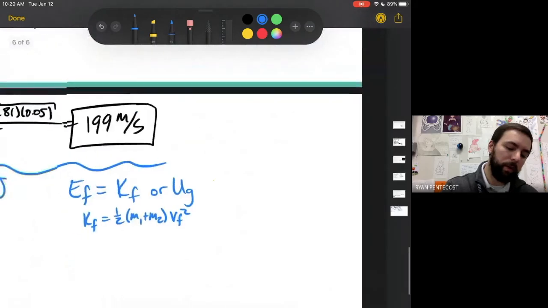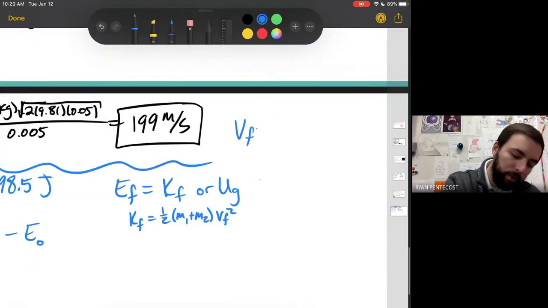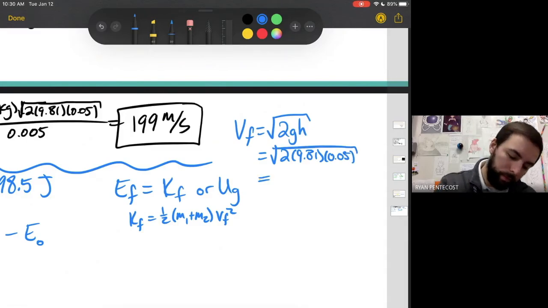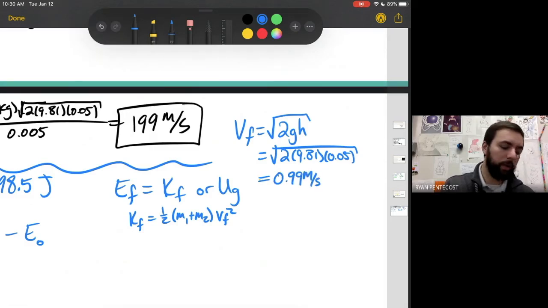So let's get that real quick. VF equals square root of 2GH. This is square root of 2, 9.81, 0.05. That gives you 0.99 meters per second. Basically 1 meter per second.